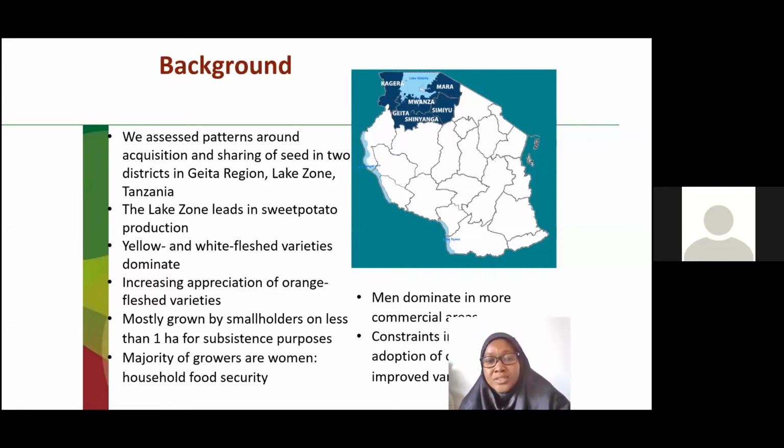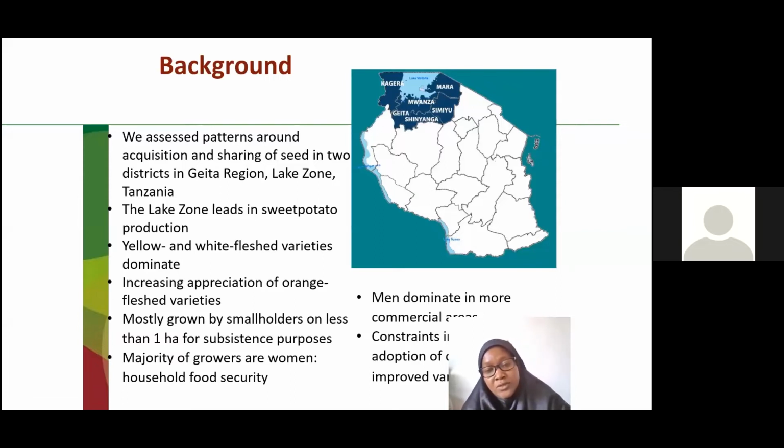The Lake Zone is a major production area for sweet potato. Farmers there produce mostly yellow and white fleshed varieties, but nowadays there is an increased appreciation of orange fleshed varieties. Most farmers grow the crop, mostly smallholders on less than 1 acre, purposely for subsistence.